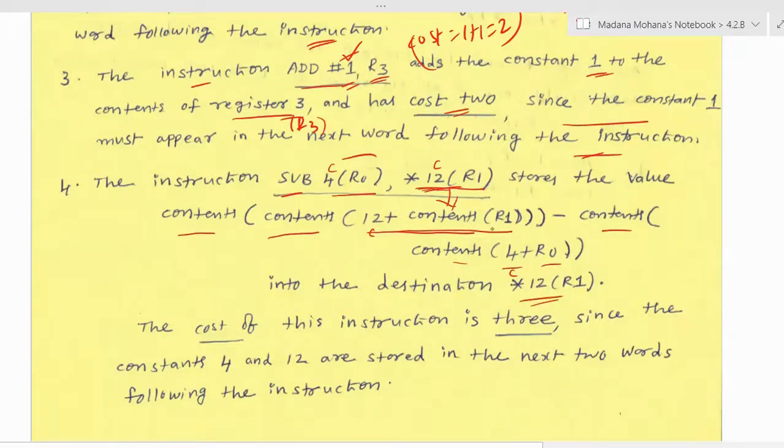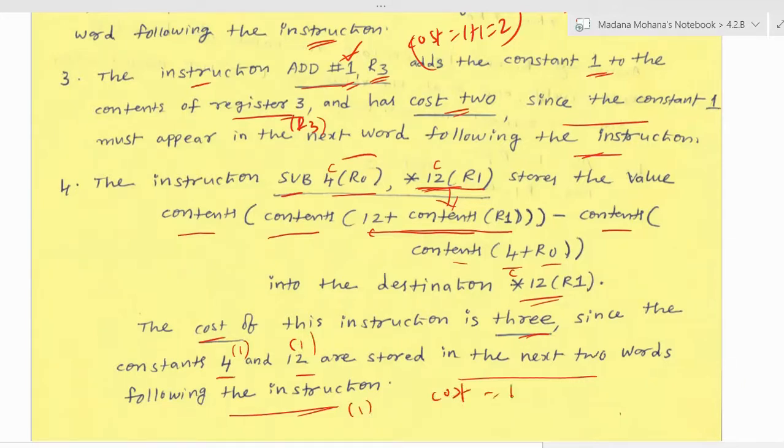Now what is its cost? Let us see here. Here we have two constants, so it takes 1 for each constant. Then for the instruction 1, and for registers it won't take any cost. Therefore the cost is 3 here. The cost of this instruction is 3, since the constants 4 and 12 are stored in the next two words following the instruction. So for this cost 1, for this cost 1, and for the instruction cost 1.